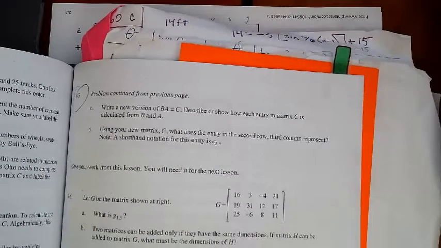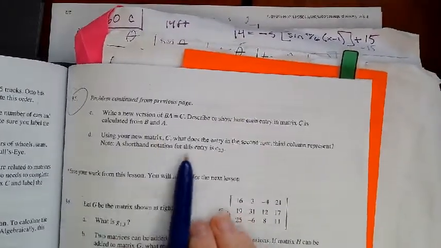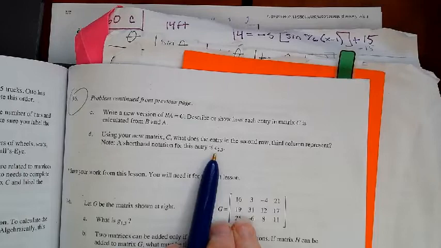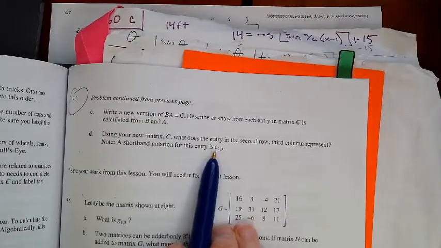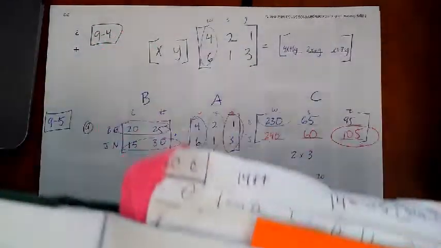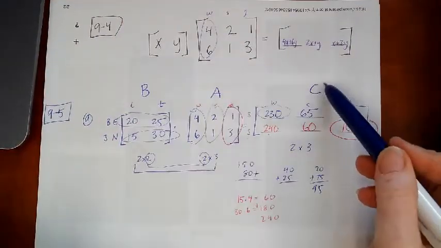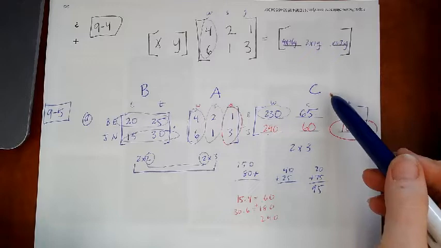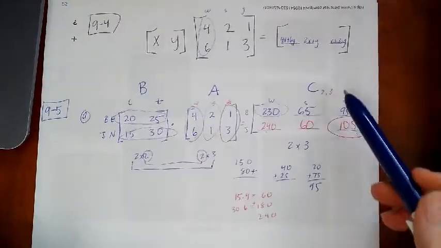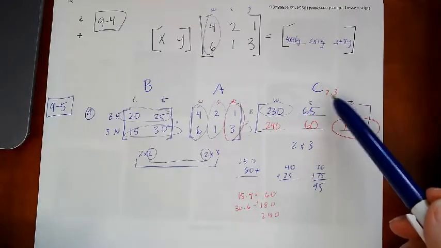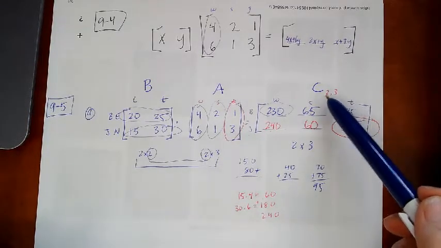So if I want some shorthand, I can say C2,3. So C is the name of the matrix. And see how I labeled my matrix? And then remember it had C2,3. Just remember row goes first and column goes second. Like race car, row, column.